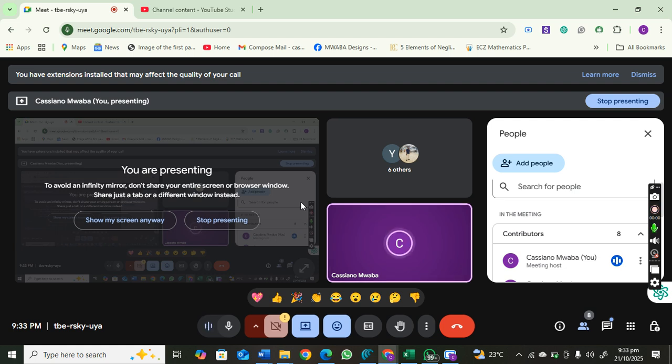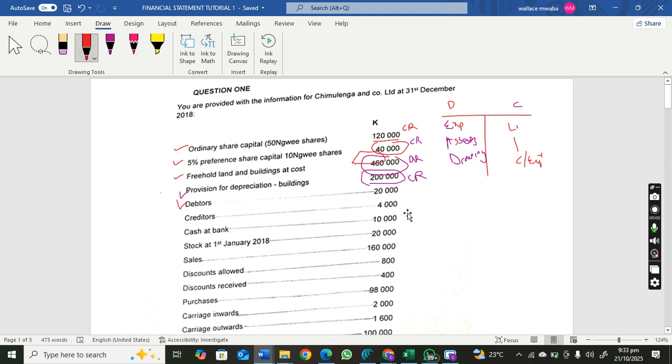Asset accounts have their normal balances on the debit side, so a contra asset account's normal balance should be on the credit side. I hope I've answered your question, sir. It is a contra asset and it reduces the value of assets.